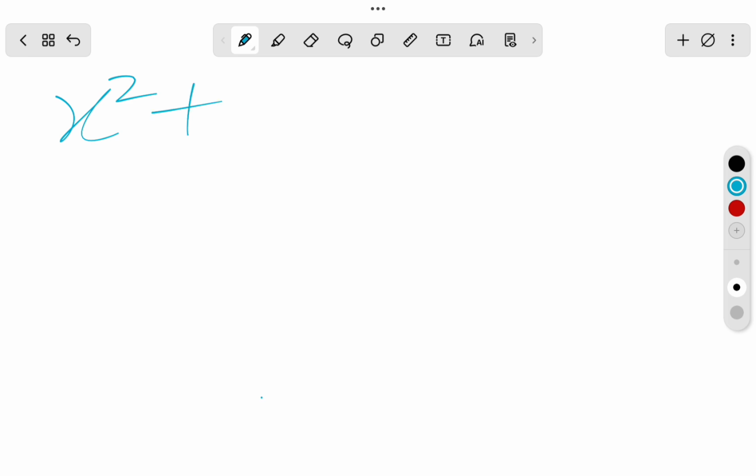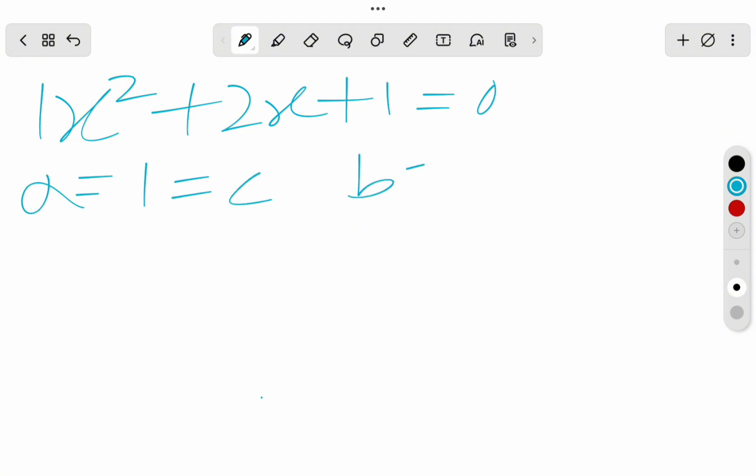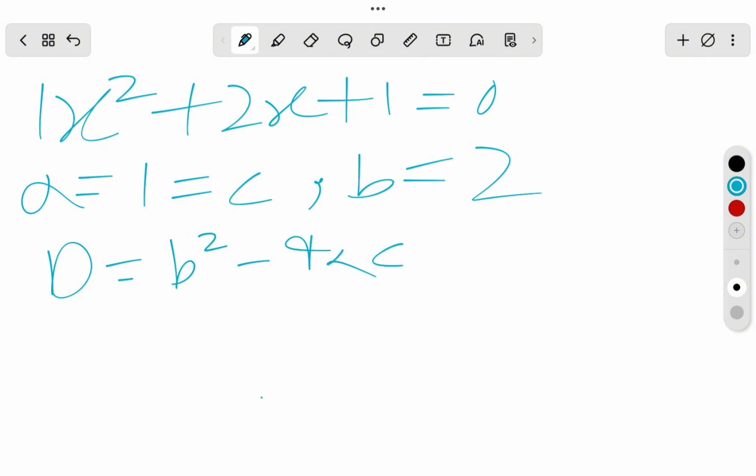x square plus 2x plus 1 is equal to 0. Here a is equal to 1, c is equal to 1, and b is equal to 2. So if we find the discriminant b square minus 4ac, b square is 2 square, which is 4, and 4 into 1 into 1 is also 4.